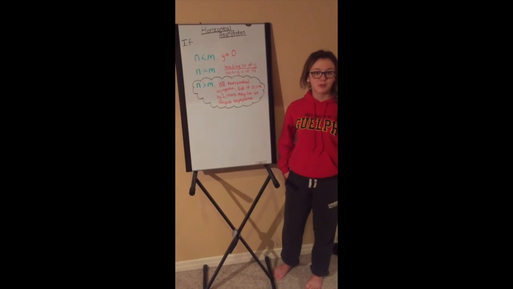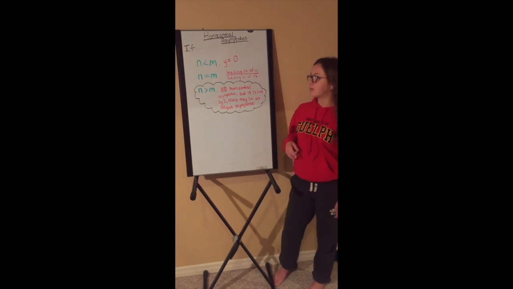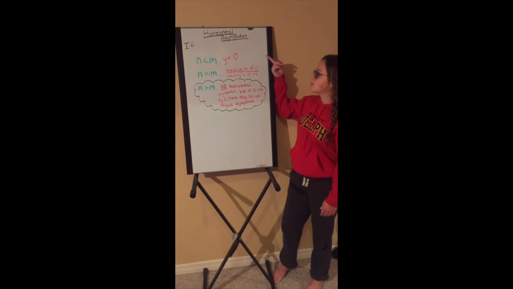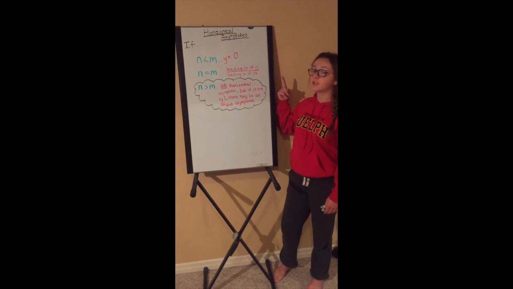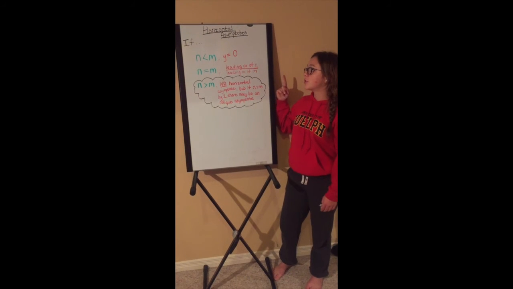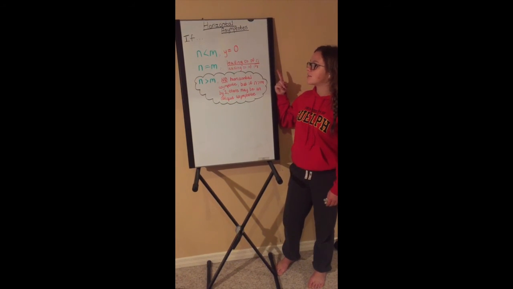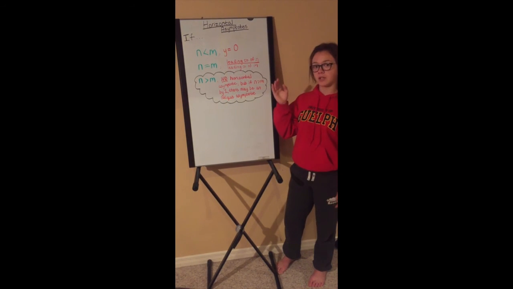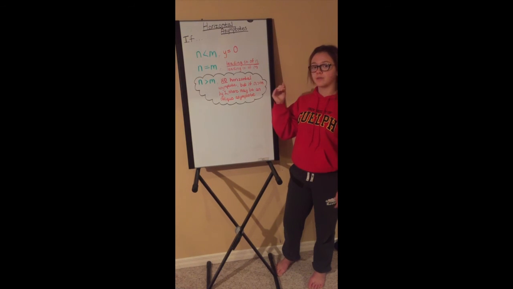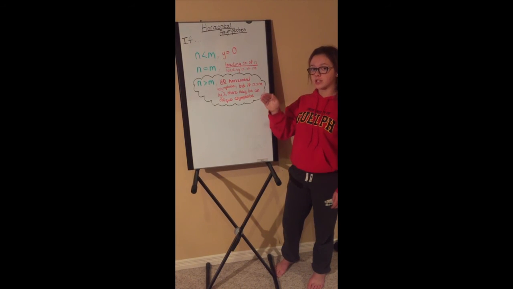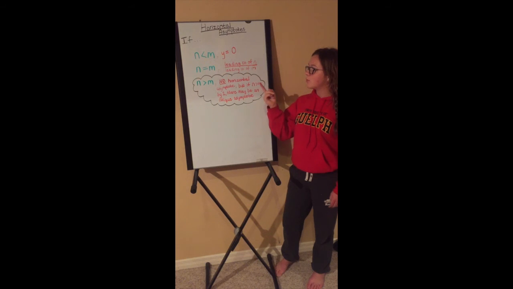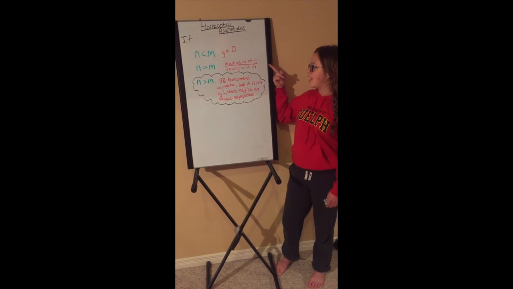There's a problem with the third problem, and that problem is there is no problem. When you're looking at horizontal asymptotes, we're looking at the degree of the numerator and the degree of the denominator. So if the degree of the numerator is less than the degree of the denominator, then your horizontal asymptote will be at y equals 0. Another way of thinking of this is that if you have a small number on top of a larger number, when you divide them, the numbers will get closer to 0 but never equal it. Then, when the n value is equal to the m value, you look at the leading coefficients of n and the leading coefficients of m.